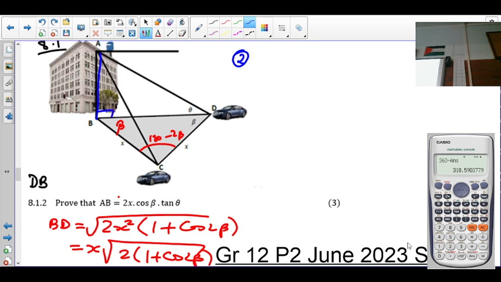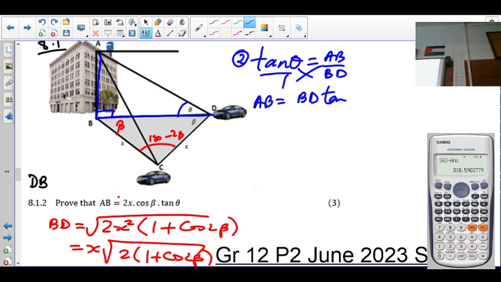Remember that it stands at 90 degrees to the horizontal plane. And I will definitely pick up BD, because that's a link between the two triangles. So which trigonometric function uses opposite and adjacent? Tan. So tan theta is equal to opposite, which is AB, over adjacent, which is BD. So AB is equal to BD tan theta.